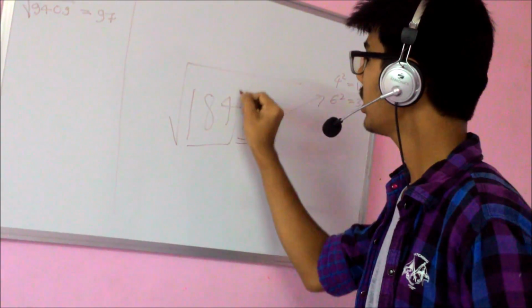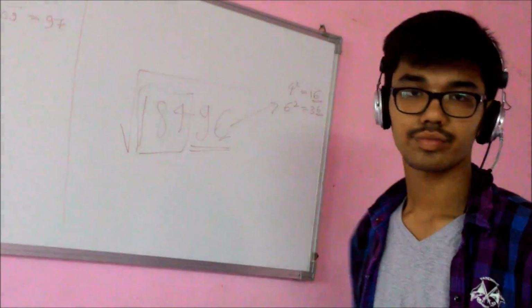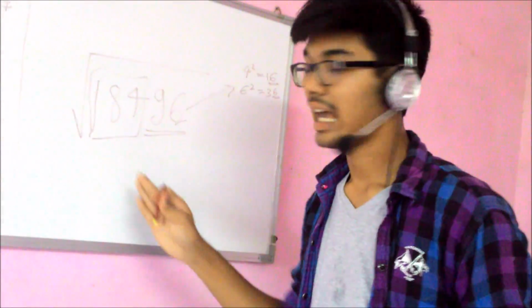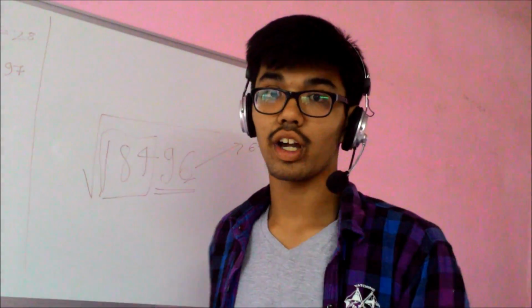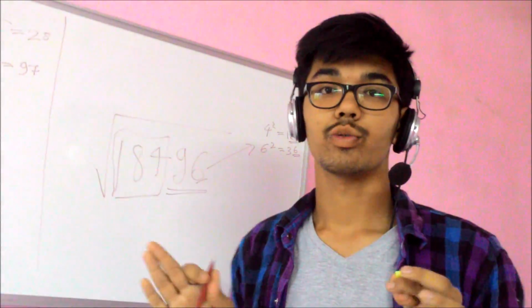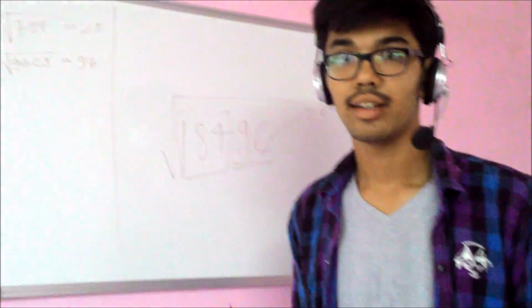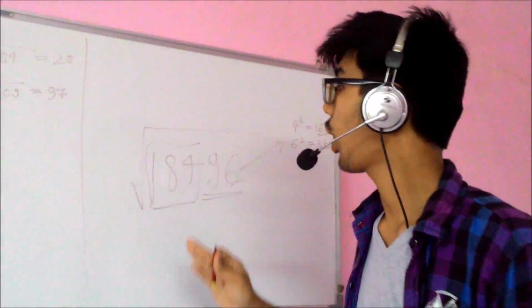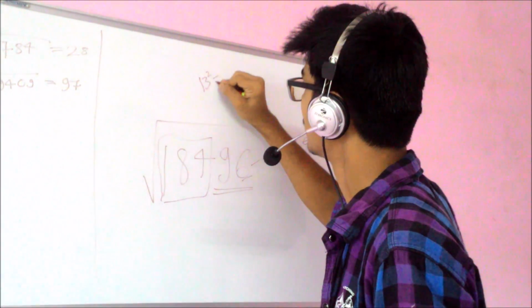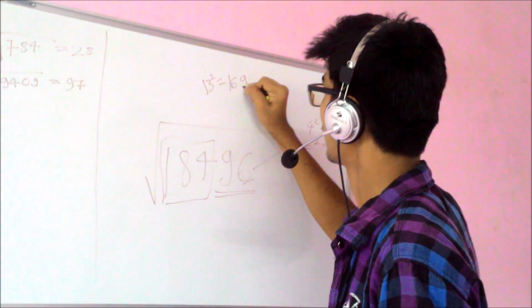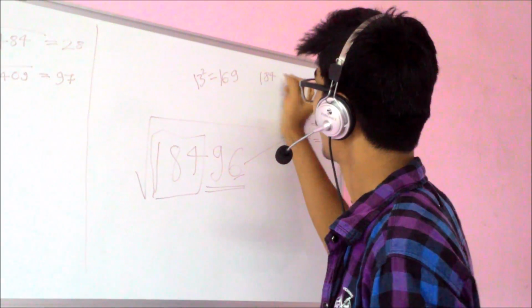Now we take the three numbers from here. As we know, the nearest perfect square to 184 is 169. It is the square of 13. So right here 13 square is equal to 169 and 184.